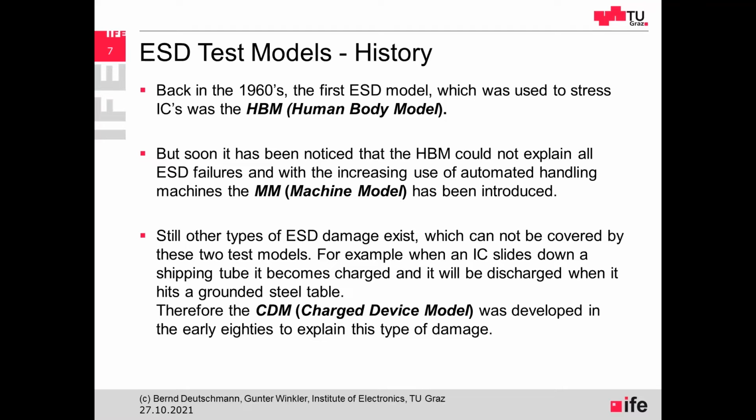So the first I/O pins were equipped with diodes. There was one diode to ground and another diode to VDD in order to protect the I/O pins. And within the integrated circuit, especially within the power supply pins, there was also already some internal protection structure used. And nowadays we are using quite a lot of internal protection structures, so protection structures inside of the integrated circuit, and also external protection structures, as you will later see.